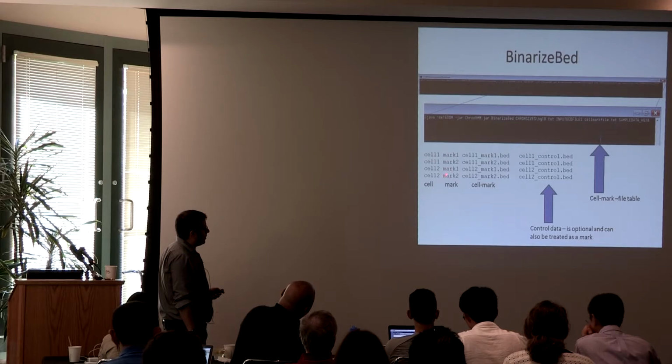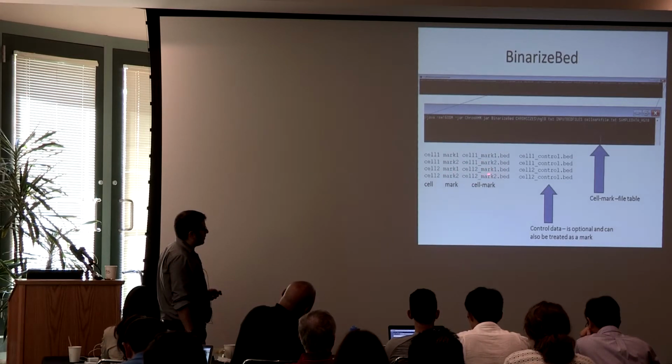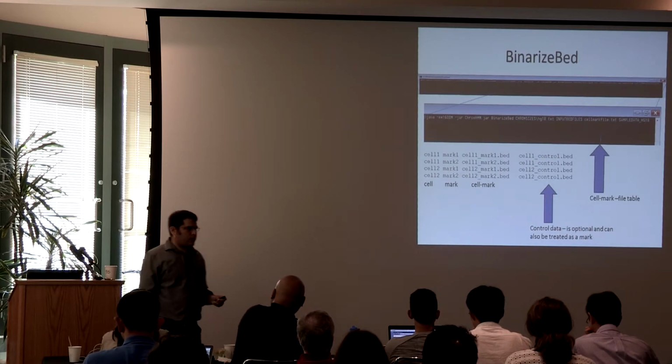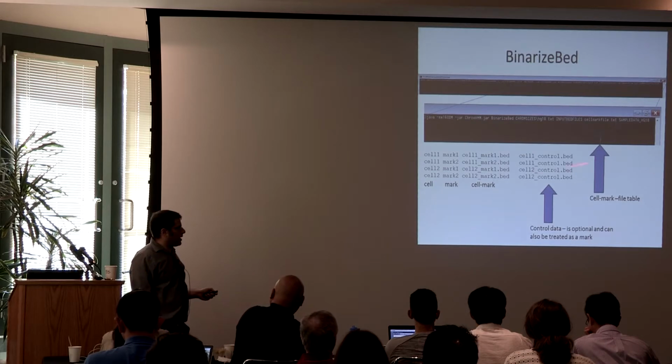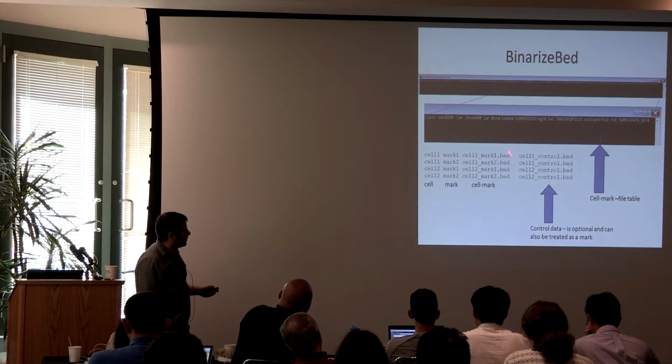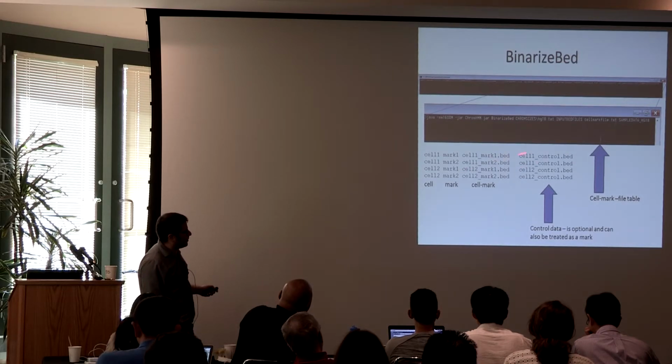The second column is what mark it is, and the actual BED file for that specific cell-mark combination is in the third column. This last column is optional, but if you want to do your binarization relative to an input control, you would specify which BED file has the control. And I believe you can also put gzipped files here and keep them zipped as well.